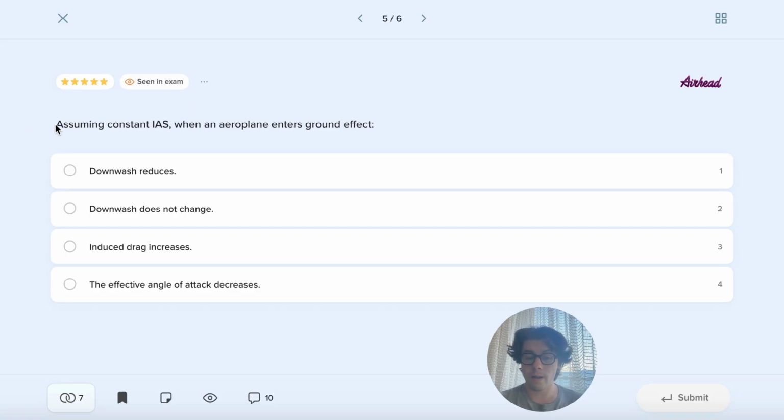So when an airplane enters the ground effect, the downwash reduces, and this is the correct answer because the vortices are not able to develop. Our downwash will reduce, and this will cause a slight increase in our effective angle of attack, and this is where this extra lift comes from, and the cushioning effect as well.